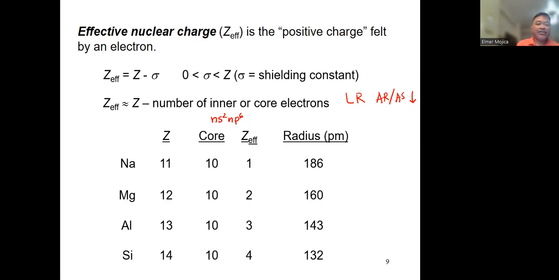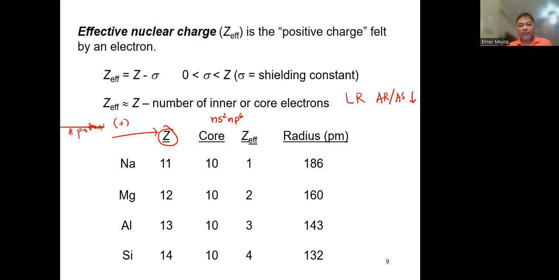Another explanation that we can have here is, how do you correlate Z? Z is the number of what? Protons. What is the charge of protons? Positive. Now, in a neutral atom, the number of electrons is also the same as the number of protons.